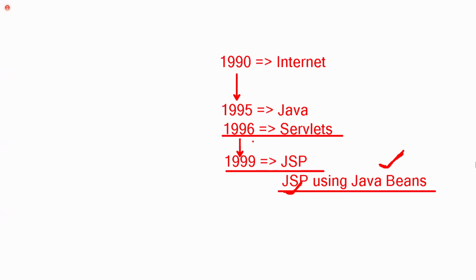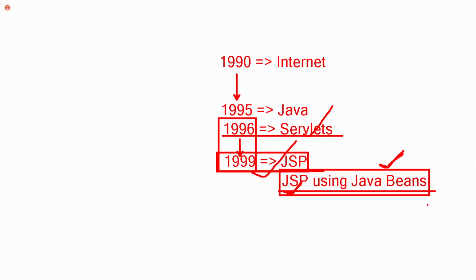First, from 1996 to 1999, they used only servlets. From 99 onwards, they used only JSP. Later, they started JSP using Java beans. And later, servlet, JSP, and Java bean, these three combined, that is MVC.